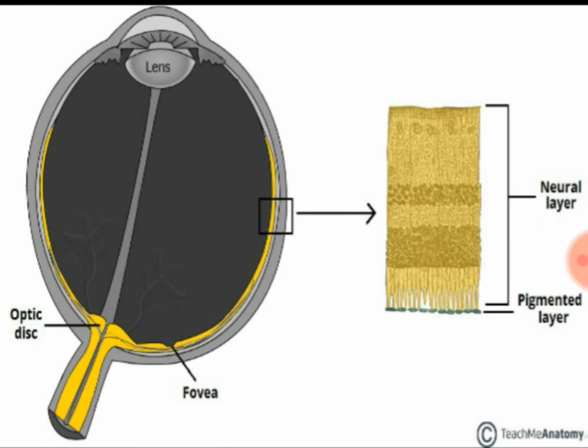As you can see in this image, the yellow part is the retina, and there is the presence of different layers, as you can see in this chart: neural layer and pigmented layer. Here you can see the pit-like structure, the fovea, and the optic disc which leads to the optic nerve.